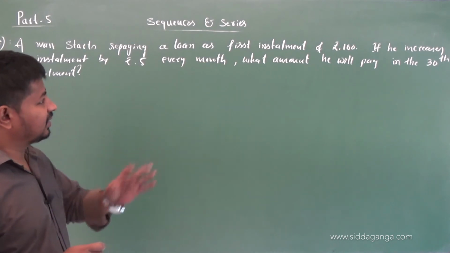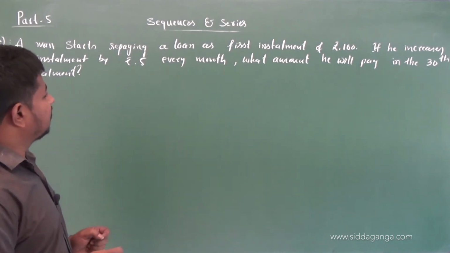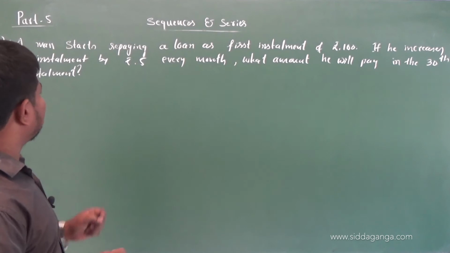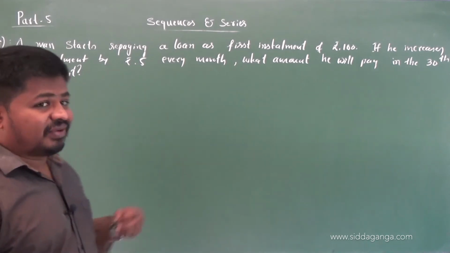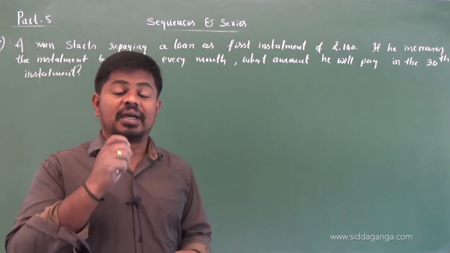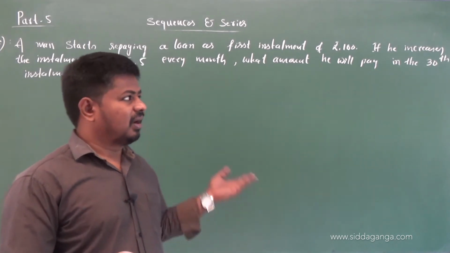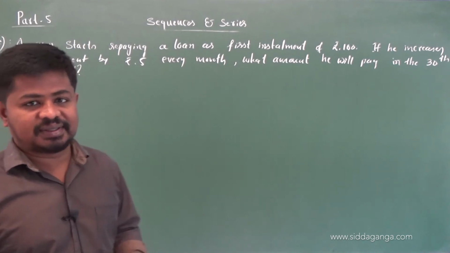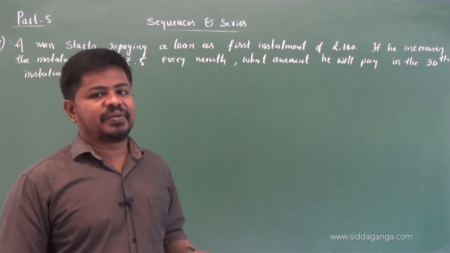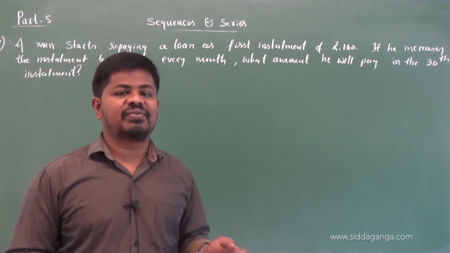If he increases the loan installment by rupees 5 every month, what will be the installment in the 30th month? That's the question. It's very simple. Of course, this is related to an AP sequence, where the difference between consecutive terms is the same, that is 5.